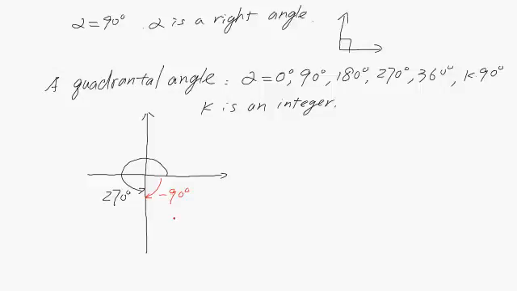Now, these two angles share the same initial side, the positive x-axis, and also the same terminal side, the negative y-axis. So these two angles are called coterminal angles.